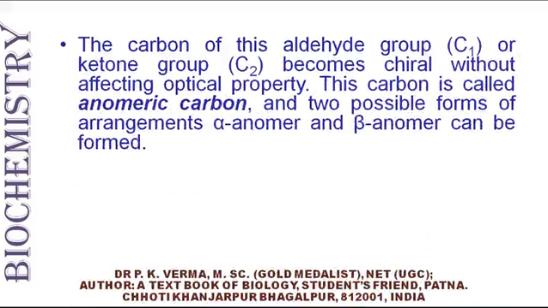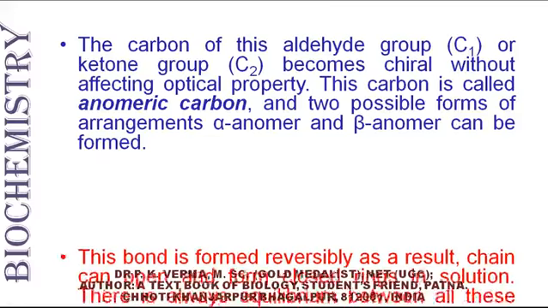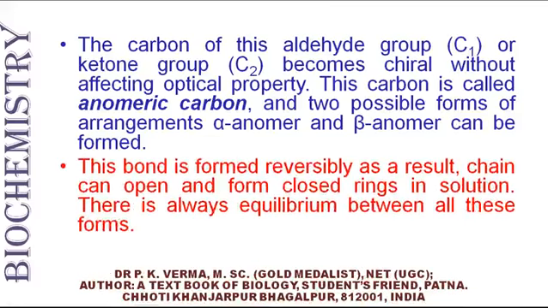The carbon of this aldehyde group C1 or ketone group C2 becomes chiral without affecting the optical property when the ring structure is formed. This carbon is called the anomeric carbon, and there are two possible forms of arrangement. Alpha anomers and beta anomers can be formed from them. This bond is formed reversibly.